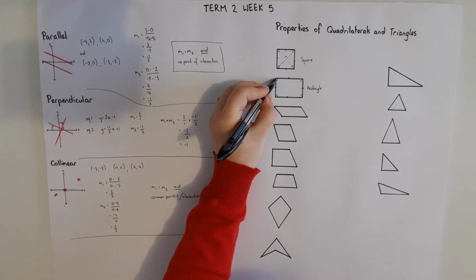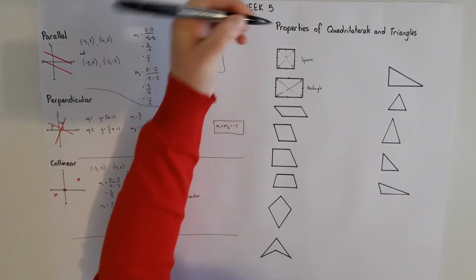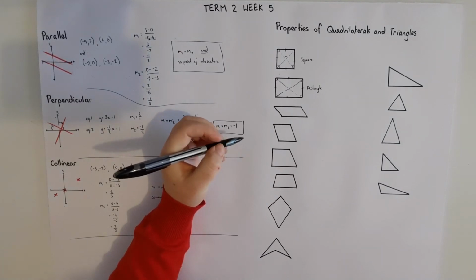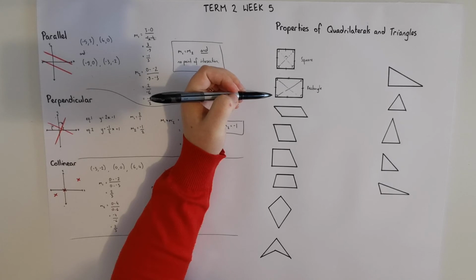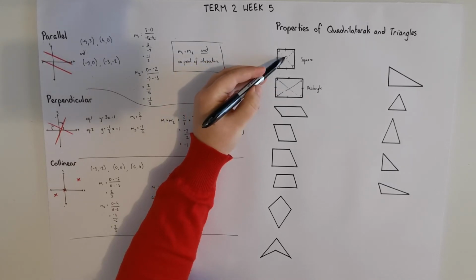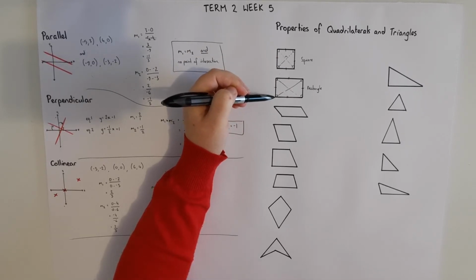Note that if we looked at our diagonals now, you would still find that the diagonals are of equal length, but they do not bisect each other at right angles. They will still bisect each other, but it won't be at right angles.